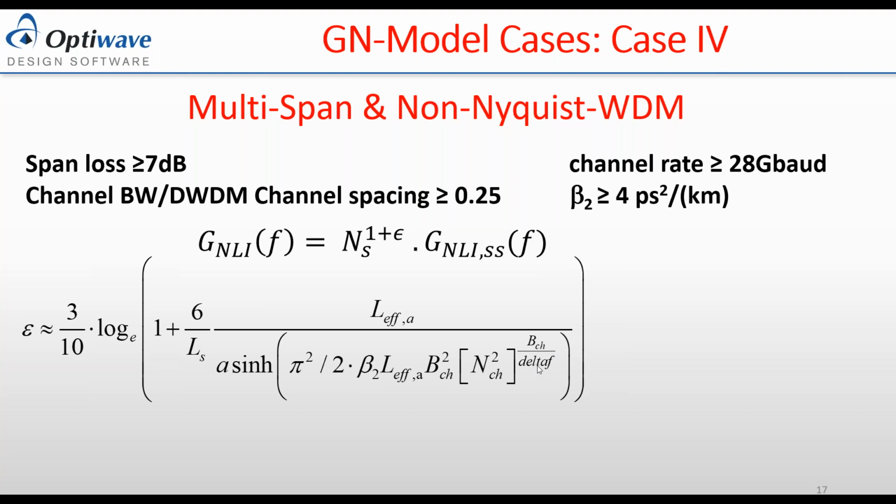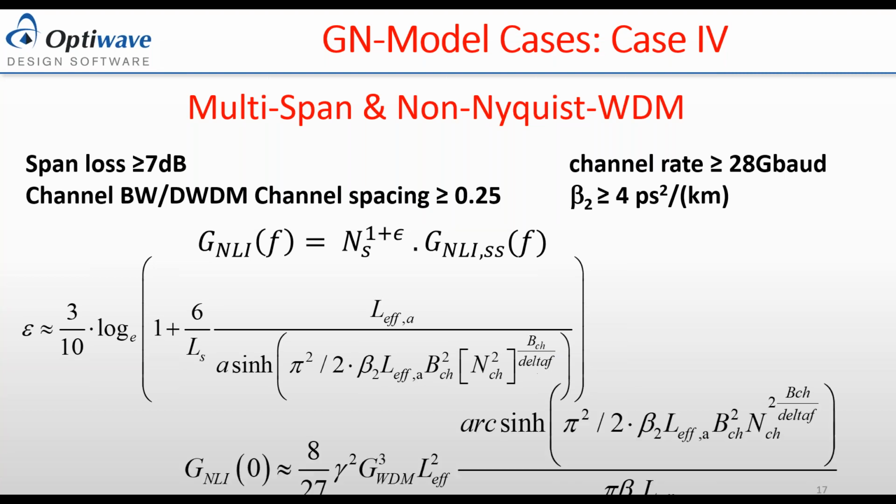The delta F here is the separation between the DWDM channels. Now, when you plug this equation in and find epsilon, you can find the GNL0 here, and then eventually you can calculate GNL at F0, the nonlinear interference noise power spectral density, using this equation.